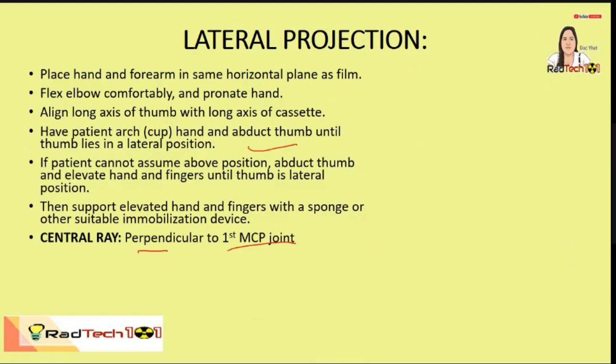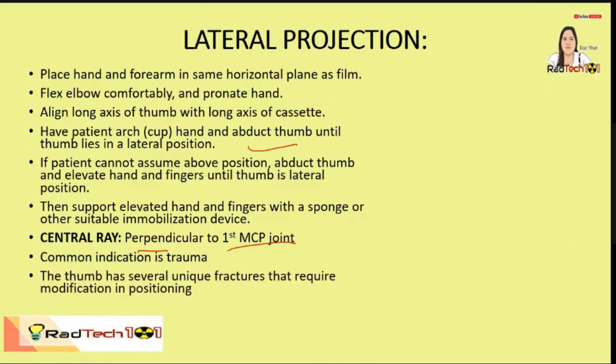So, tandaan lang, yung kay Lewis lang kanina, yung may angulation na 10 to 15 degrees. So, again, this is performed to evaluate trauma. And the thumb has several unique fractures that require modification in positioning.